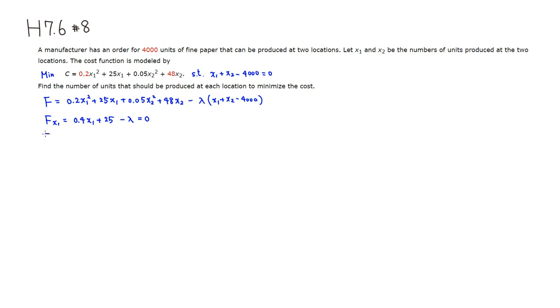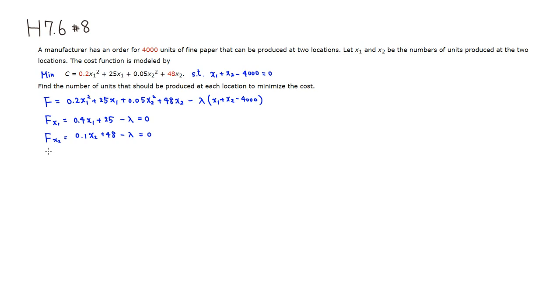Then the partial with respect to x2 would be 0.1 x2 plus 48 minus lambda is equal to 0 again.